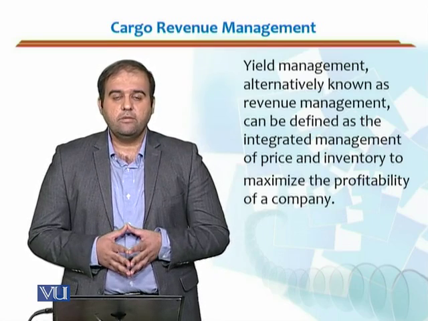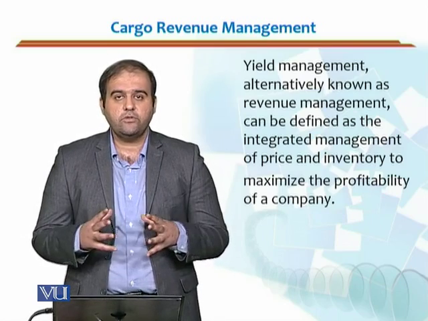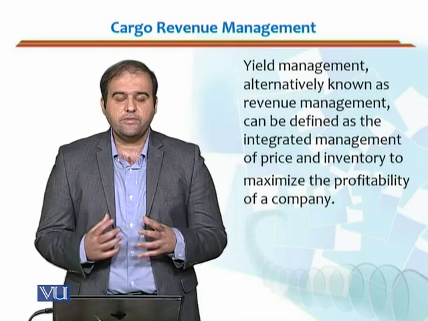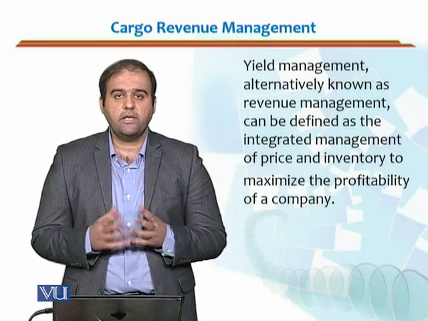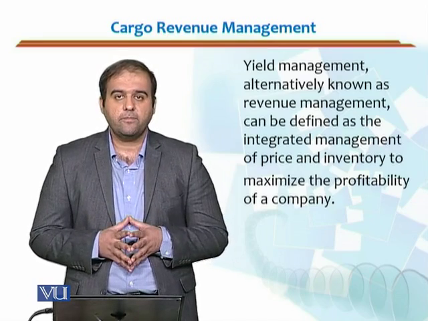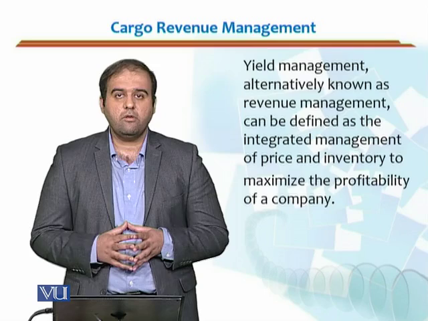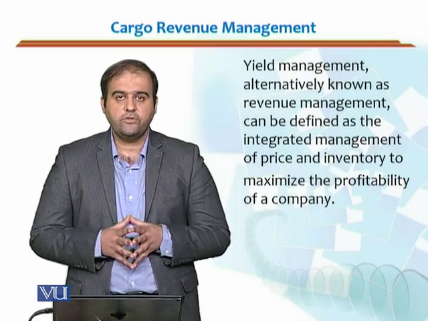Simply speaking, revenue managed industries are those industries in which you cannot increase, let's say, the inventory. For example, in a hotel, you cannot increase the number of rooms. In a cinema, you cannot increase the number of chairs or seats.